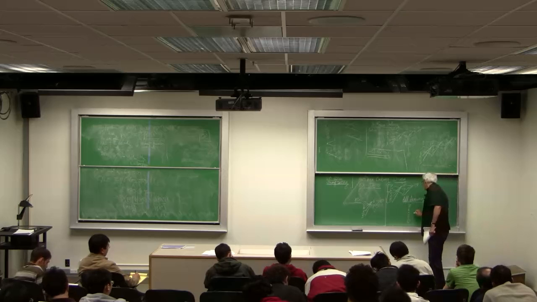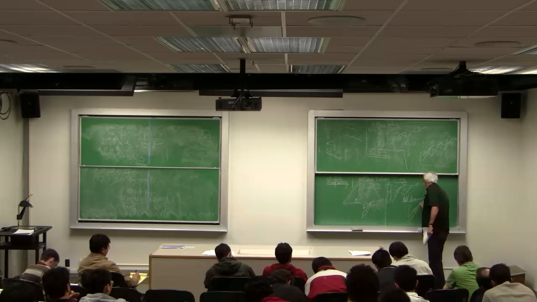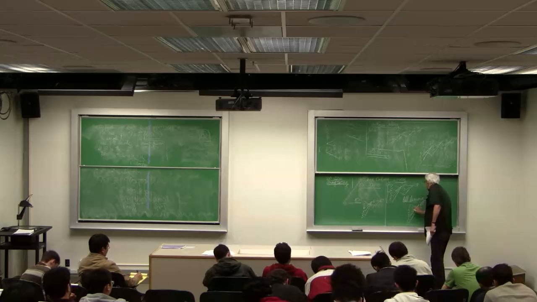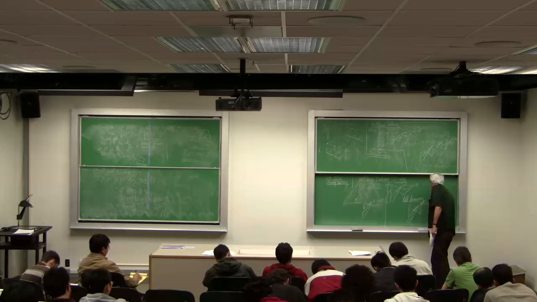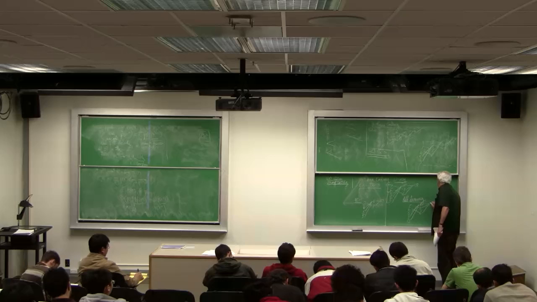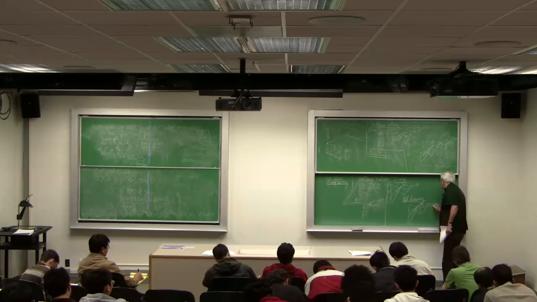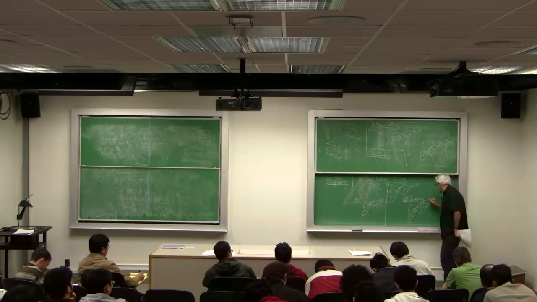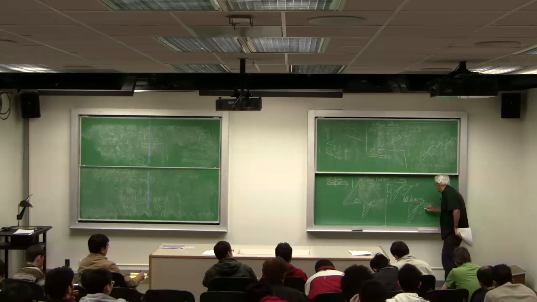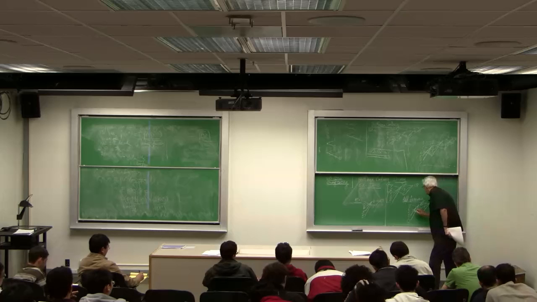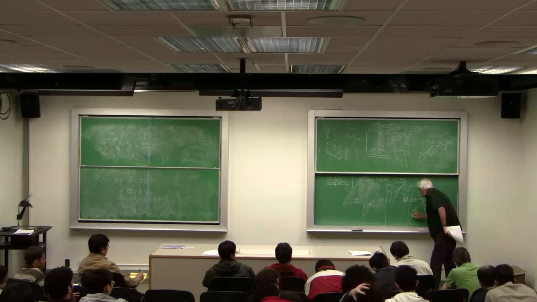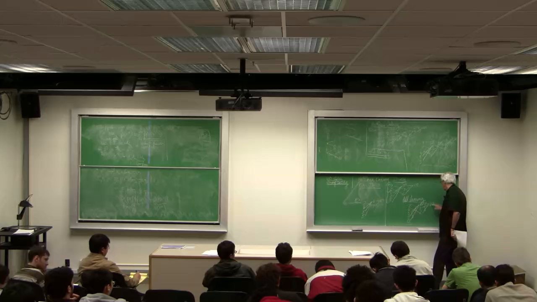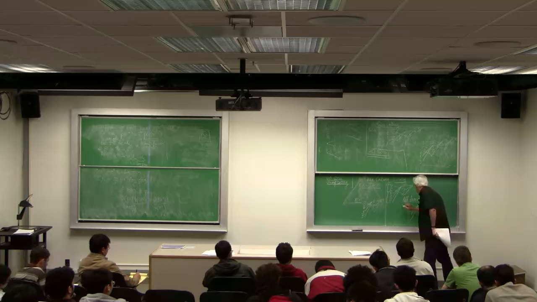Now these combine into a 10, this into a 7, that into a 6, 23. The code words are, let's call them 0, 1, and 2. This code word is a 1.